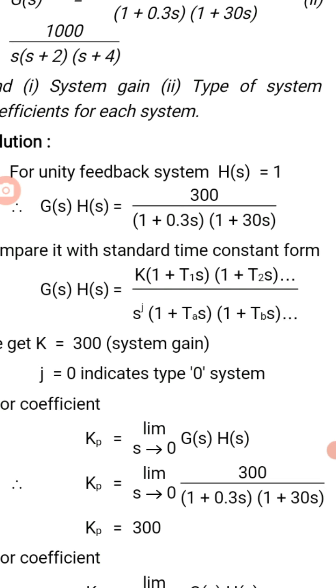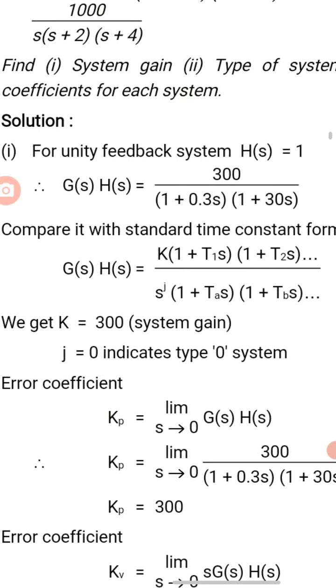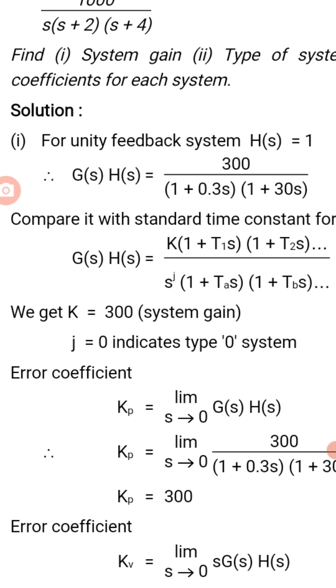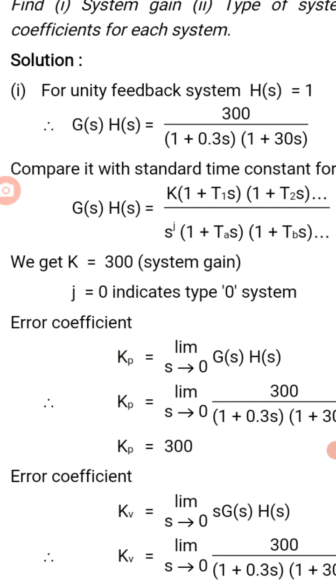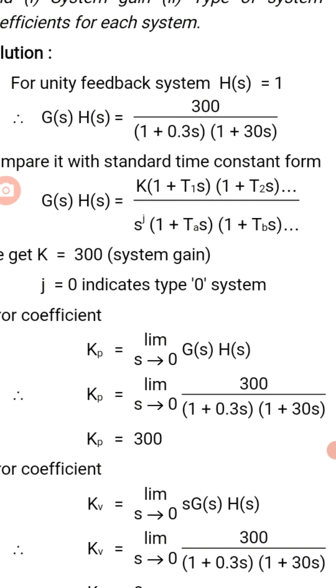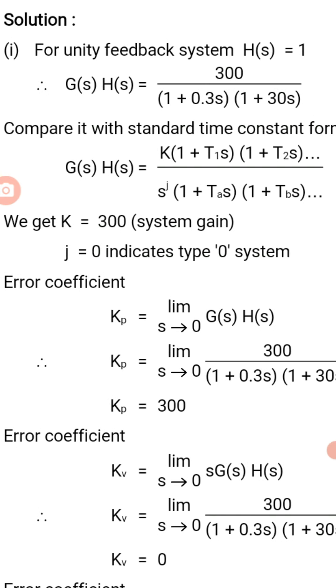S raised to 0, there is no S in the denominator, so it is a type 0 system. Now we will calculate the error coefficient Kp. Kp is equal to limit S tends to 0 of G of S into H of S. So Kp is the limit S tends to 0 of 300 upon 1 plus 0.3S into 1 plus 30S, and as S tends to 0, Kp is equal to 300.